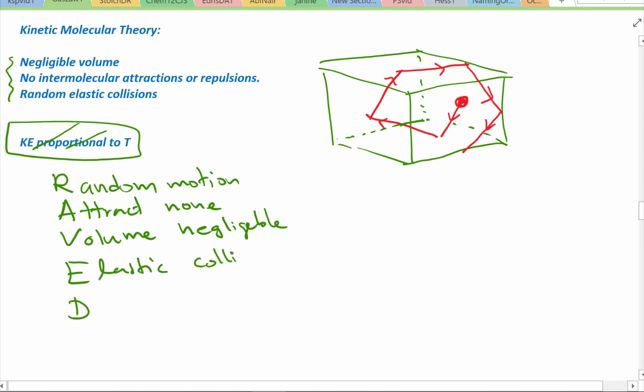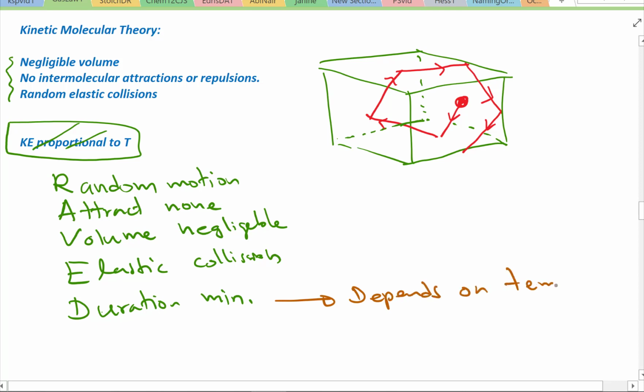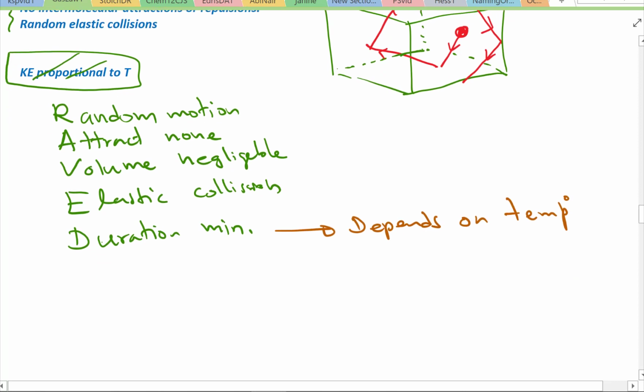The collisions are elastic, so there's no loss of energy in each collision. The duration we are considering in these motions is very little time: picoseconds, nanoseconds, and even smaller. So we use the kinetic molecular theory to understand and explain behaviors of gases.